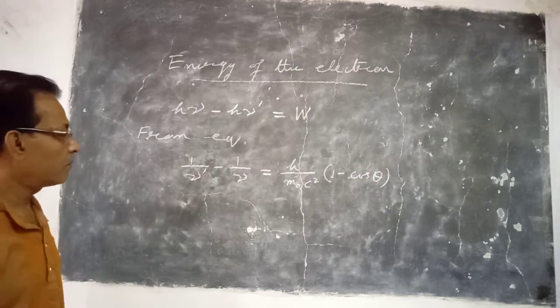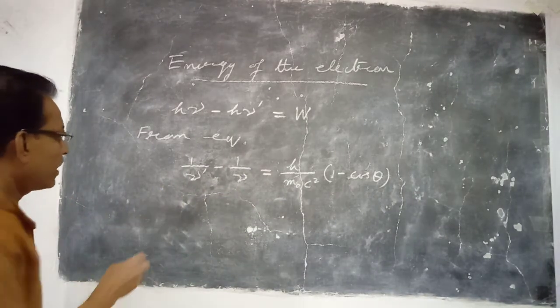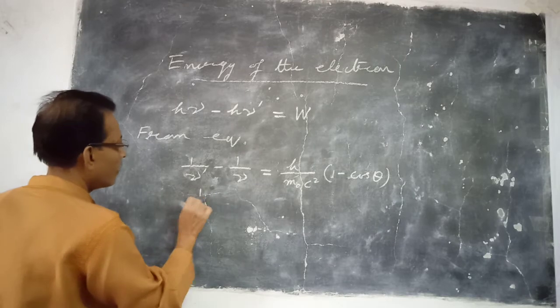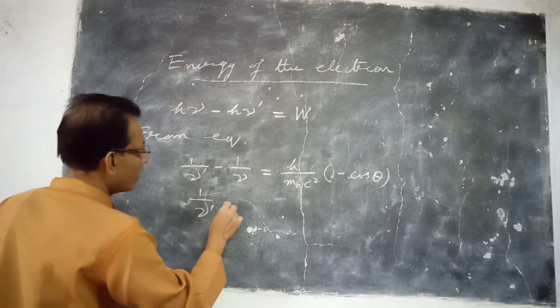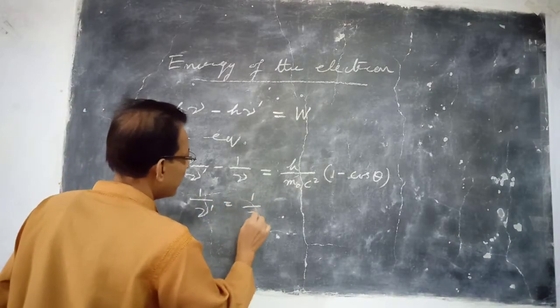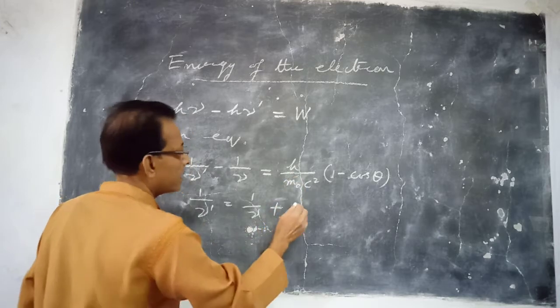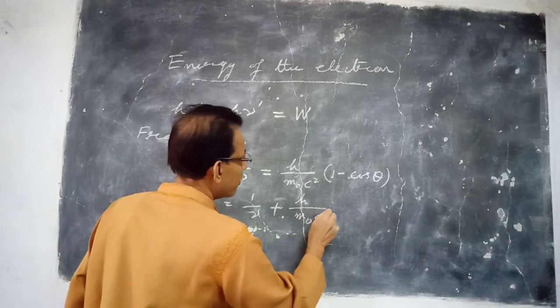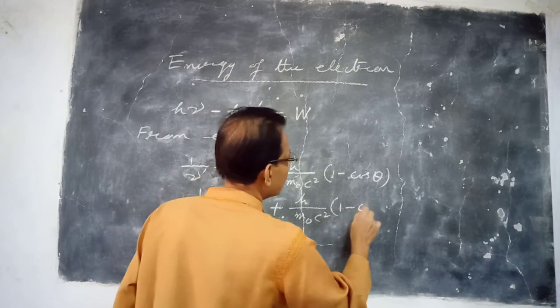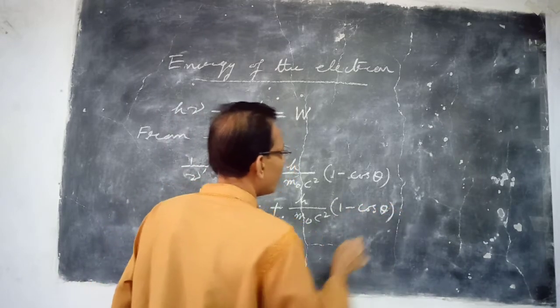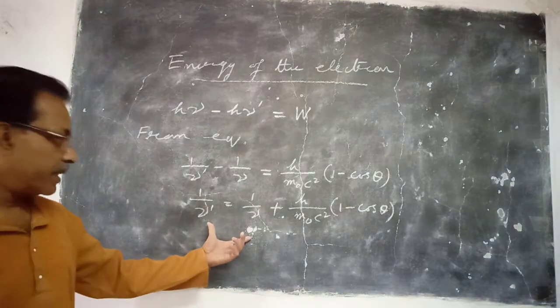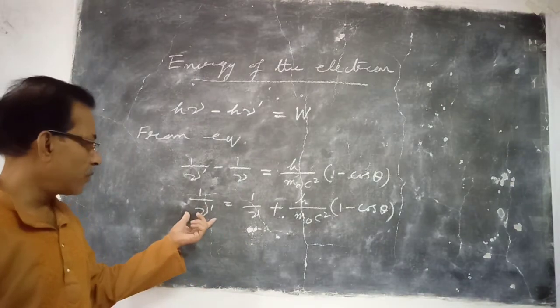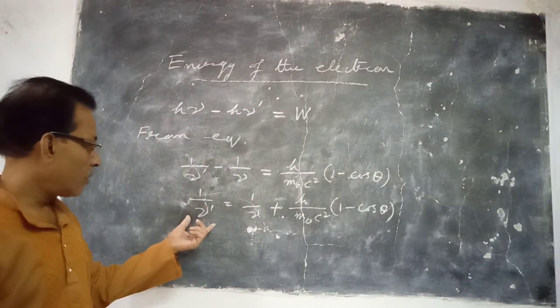This is the equation. Therefore, 1 by nu prime equals 1 by nu plus h by m0 c square into 1 minus cos theta. So we get this equation, and one can find nu prime from this. What will be nu prime?